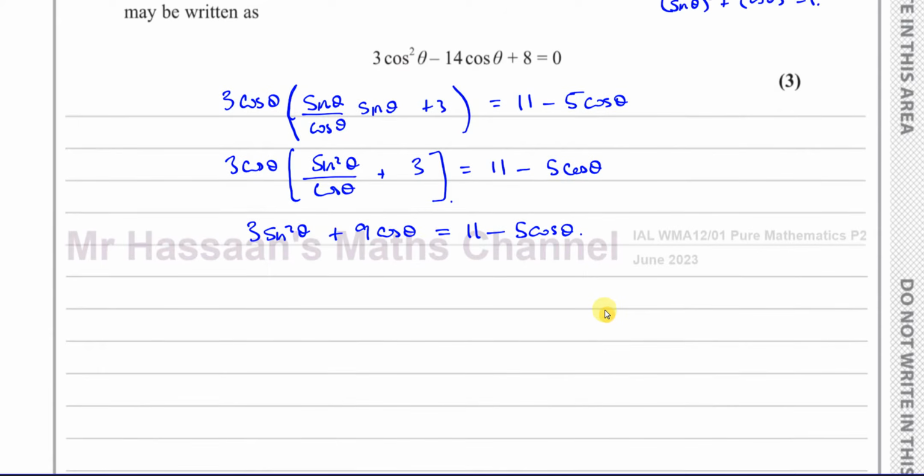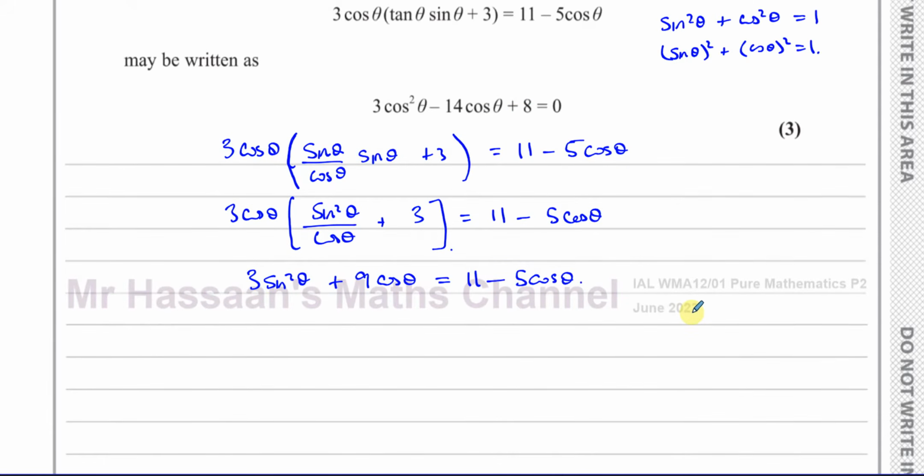Now what I can see here is I have everything in terms of cosines. 9 cosine theta and minus 5 cosine theta. If I actually bring them together, I'll end up with 14 cosine theta if I put them this way, and minus 14 if I put them that side. So that looks like it's quite promising so far. But here I have sine squared theta. I don't want any sine squared theta. So what do I do? Well, I use this identity here.